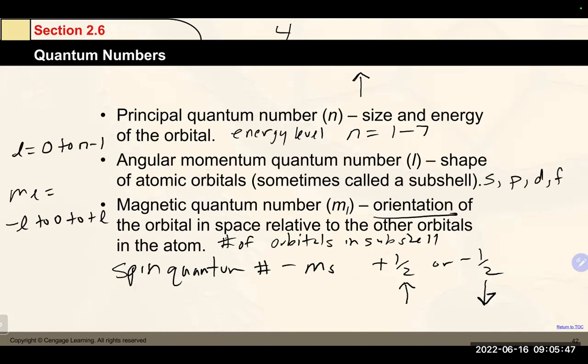So for example, let's take a look at how we could use these to understand, and what we're really talking about here is, as you may be familiar with, electron configuration, like 1s2, 2s2, 2p6, all those kinds of things. How we get that, what everybody is on each of the energy levels.